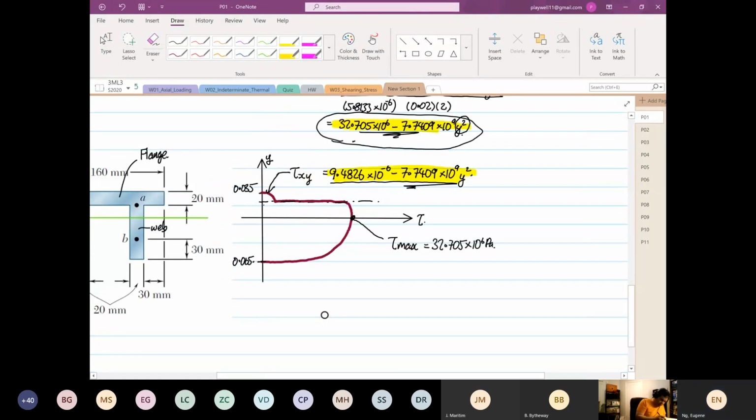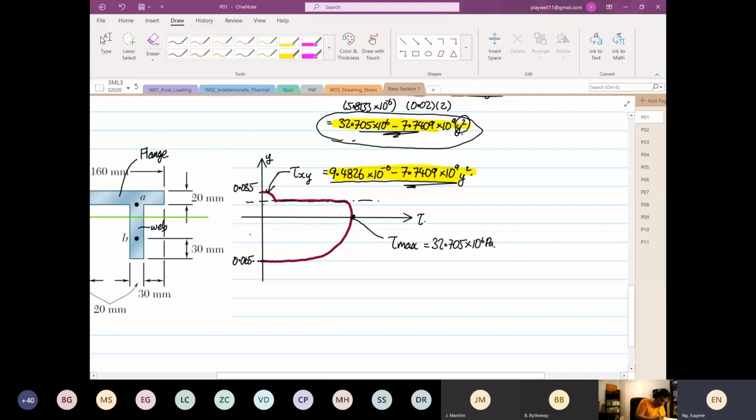And from here to here, this section over here, for the entire web, we realize that the shear stress distribution function is equal to shear xy is equal to 32.705 times 10 to the power 6 minus 7.7409 times 10 to the power 9 y squared.